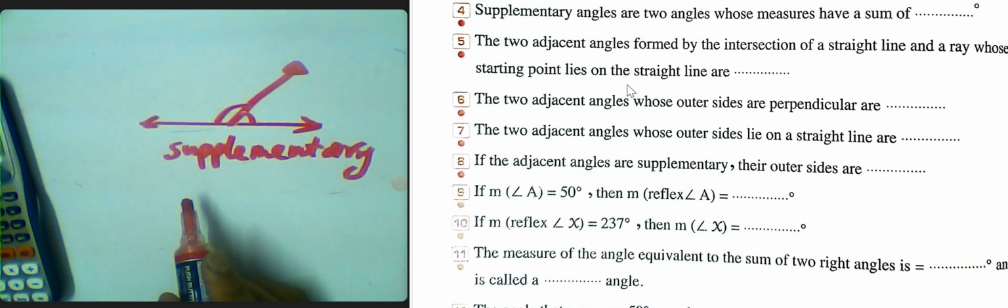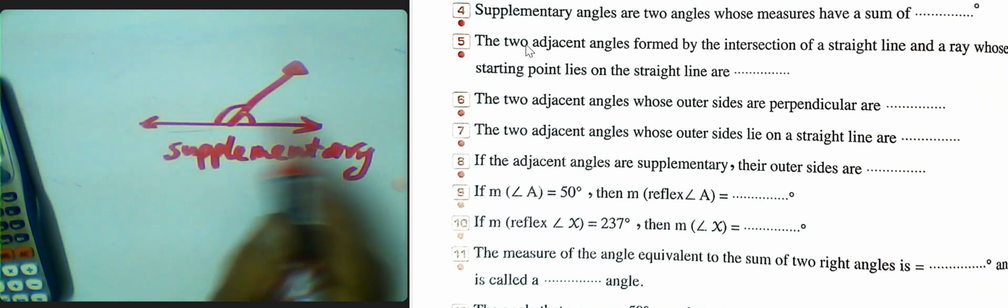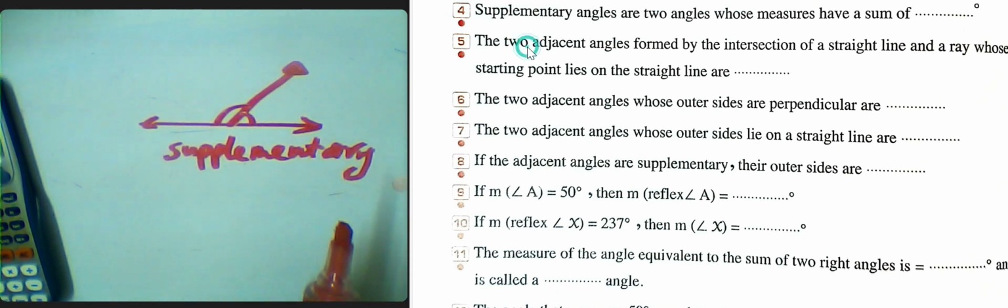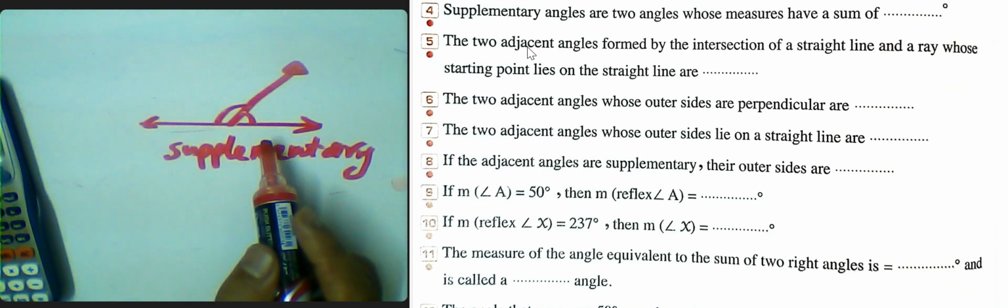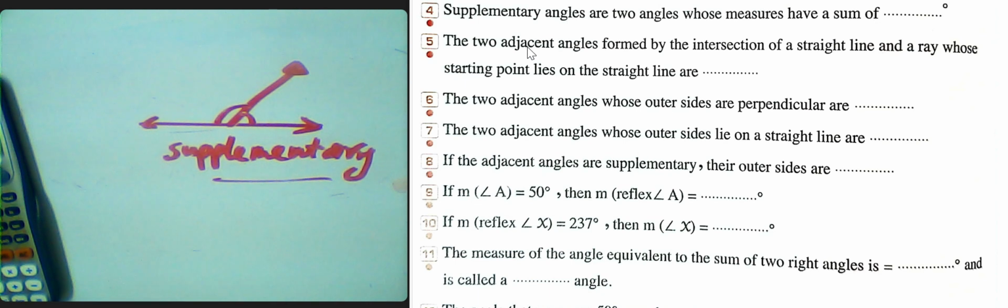We call them supplementary angles. Again, the two adjacent angles formed by the intersection of a straight line and a ray whose starting point lies on the line, we call supplementary angles. That was question number 5.